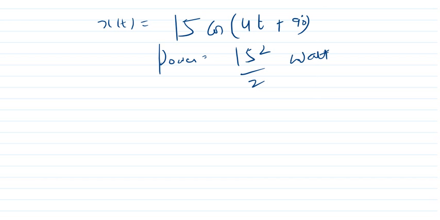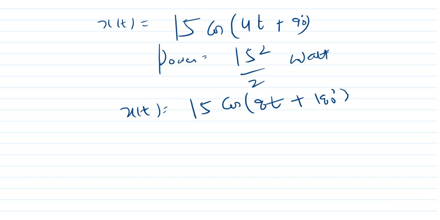Now if we change the phase angle, and if we change the frequency also, now what is the power of this signal x1(t)? So the power of x1(t) will also be 15 square divided by 2 watt.